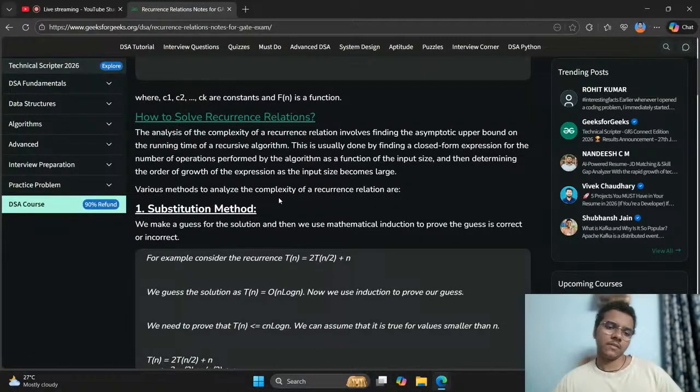The analysis of the complexity of a recurrence relation involves finding the asymptotic upper bound on the running time of a recursive algorithm. This is usually done by finding a closed form expression for the number of operations performed by the algorithm as a function of the input size, and then determining the order of growth of the expression as the input size becomes large.